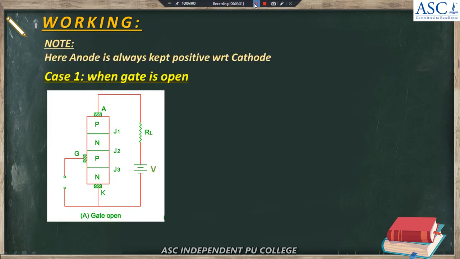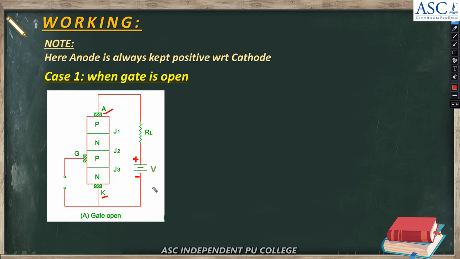Now we'll move to the working of SCR. Before going to that, note this point. This we call the anode terminal and this we call the cathode terminal. The anode terminal of SCR must be connected to the positive terminal of the battery and the cathode terminal of SCR must be connected to the negative terminal of the battery.